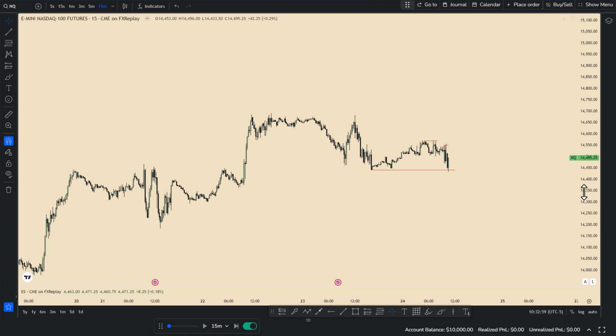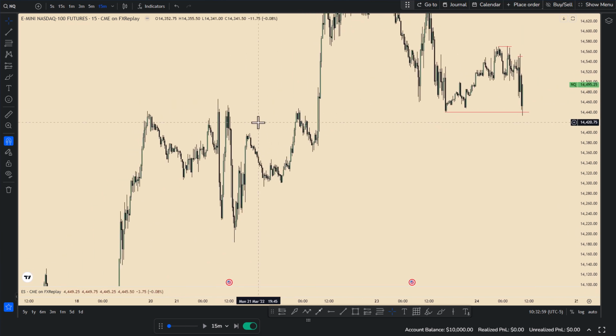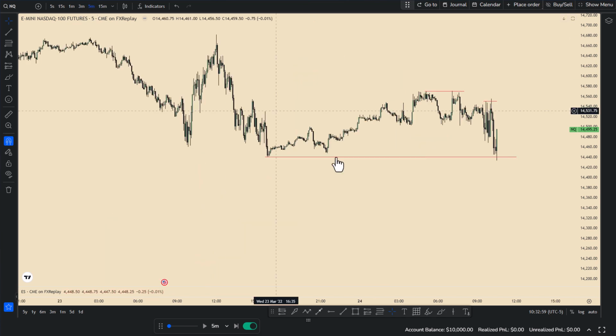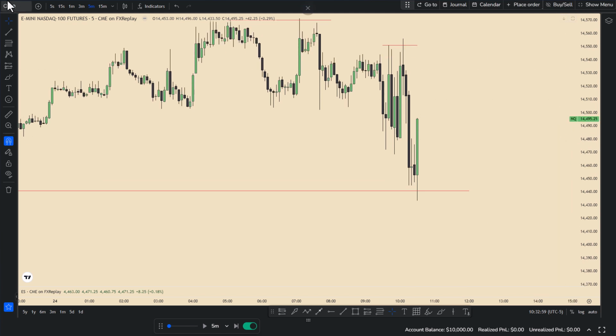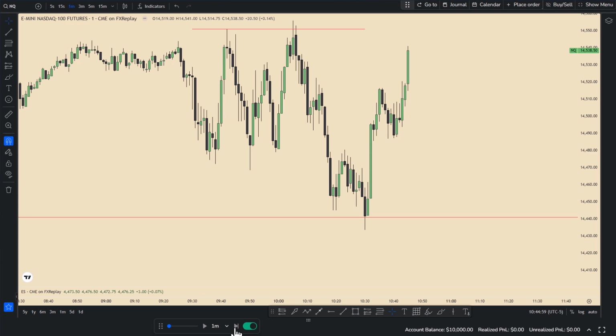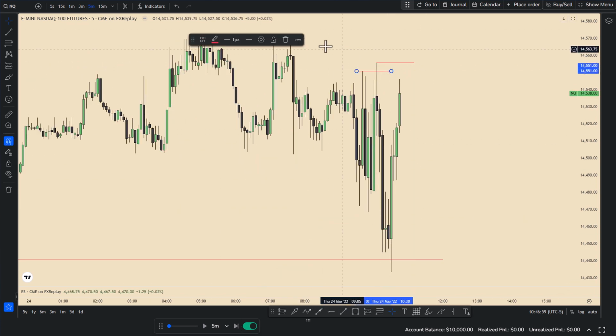So let's always look at the bigger picture. We topped here also in this zone, but we can easily see another potential run to the downside. We still have a lot of unmitigated zones below us. We're gonna let price tell us where it wants to go. This might be the next target.